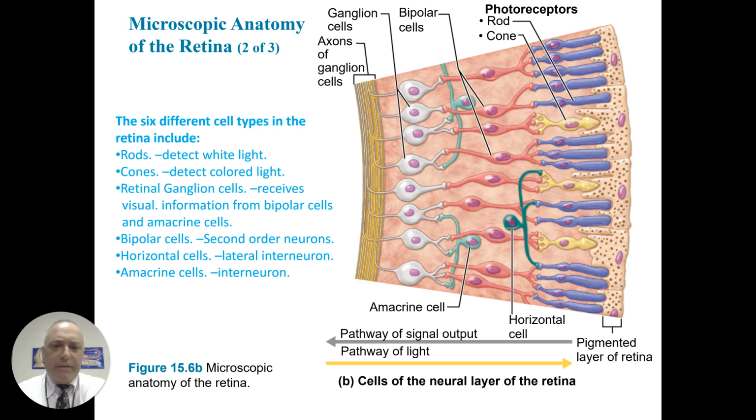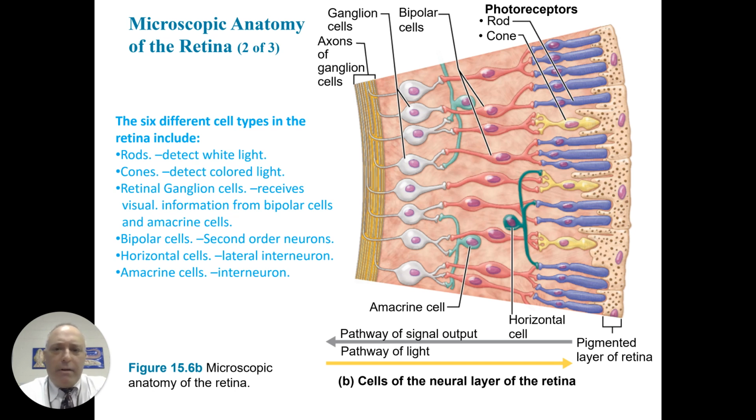There are actually 6 different cells here. There are rods and cones. Rods are depicted in blue here. Cones are depicted in gold. So the rods detect white light, and the cones detect colored light.